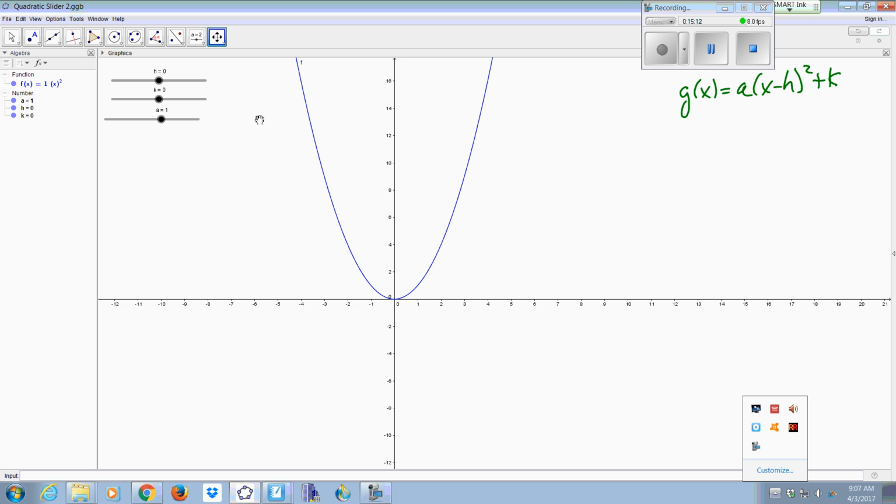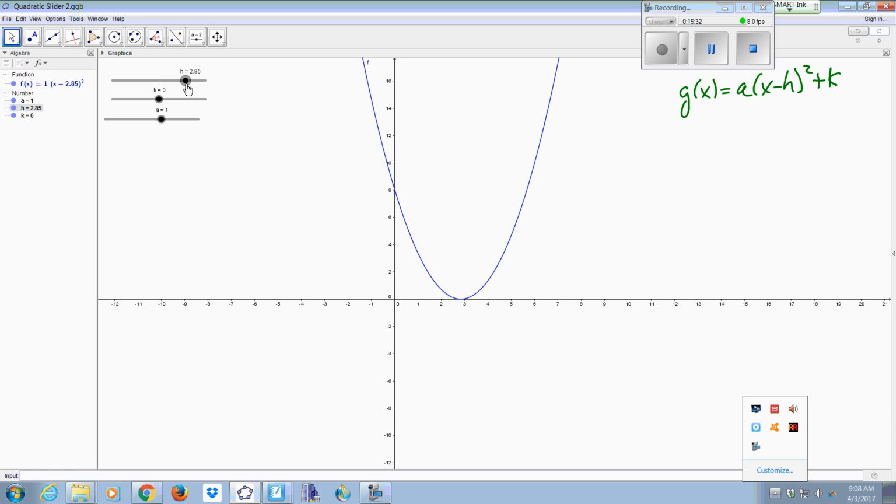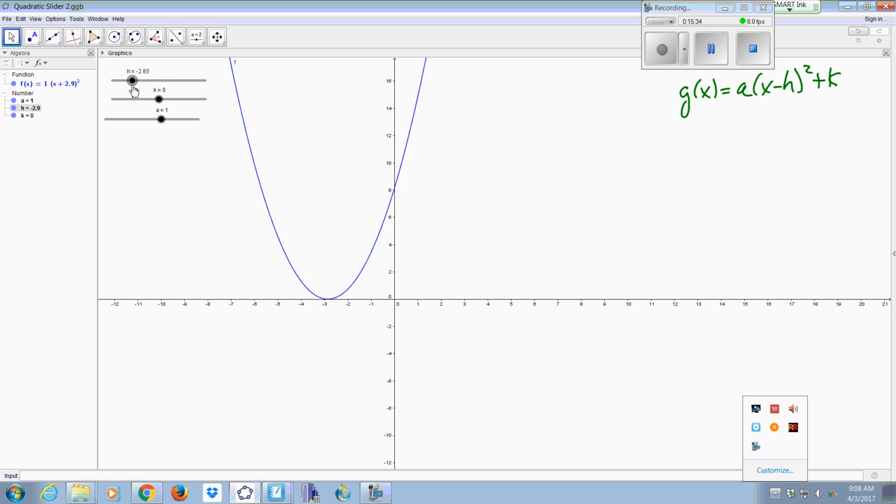Now I'm going to play around with h, which is this term inside the function, inside the operation, pre-operation. It's affecting the input. It's a horizontal effect. So h is positive. H is negative.